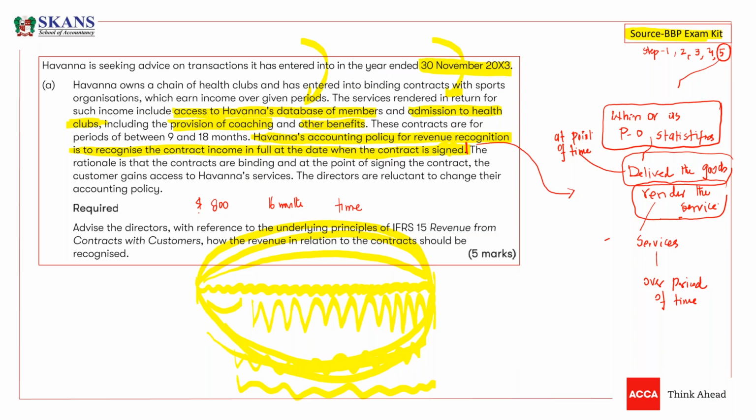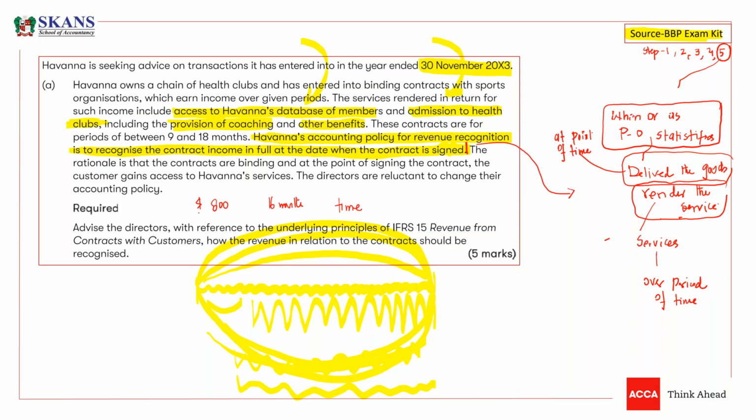Is that okay, guys? Sir, how many POs can you repeat? I understand over time.